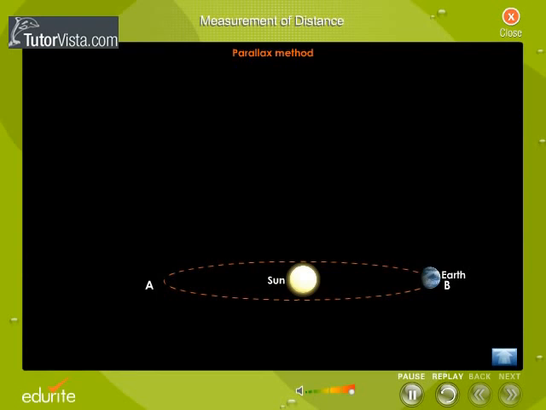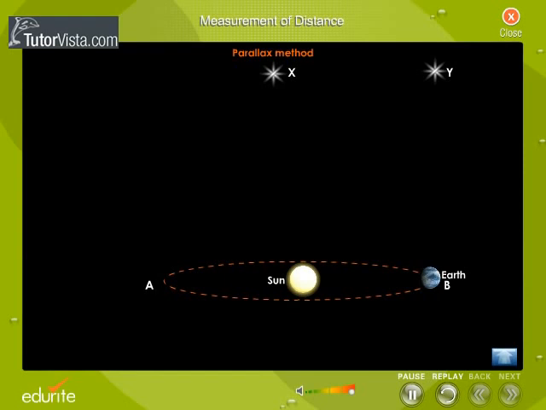Let us now see how the parallax method is used to determine the distance of a star X from the Earth. Now choose a very distant star Y, whose position and direction remain unchanged even after 6 months.